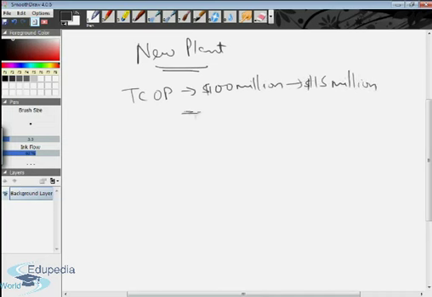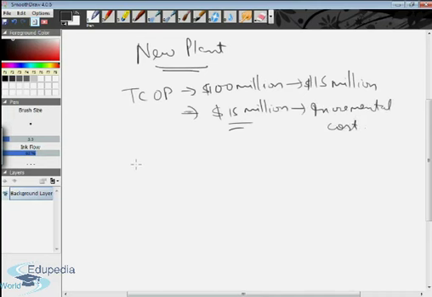Thus we can see here that there is an increase of $15 million. Now this increase in the total cost is our incremental cost.